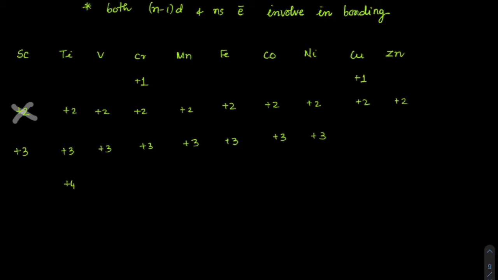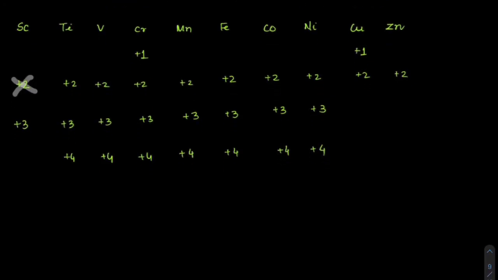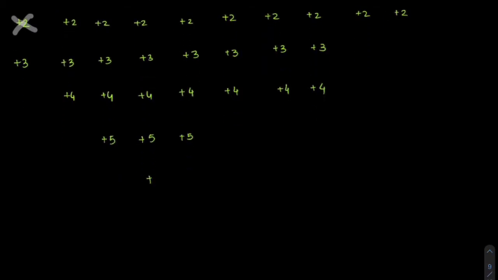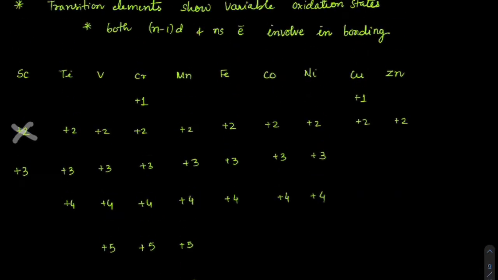So here it will show +4, +4, +4, +4, +4, and cobalt will show +4 and nickel will show +4. Then vanadium will show +5, this will show +5, this will show +6, +6, and finally manganese will also show +7.